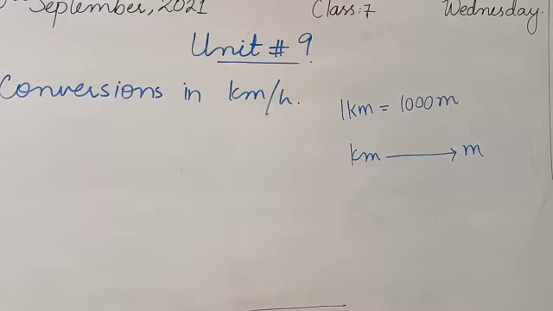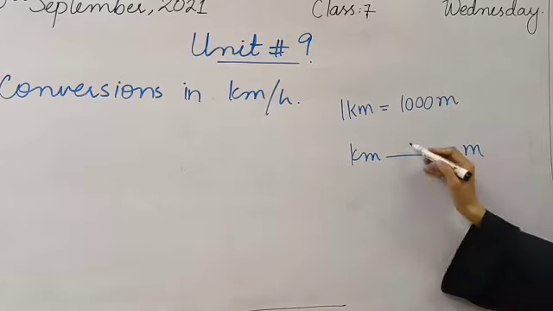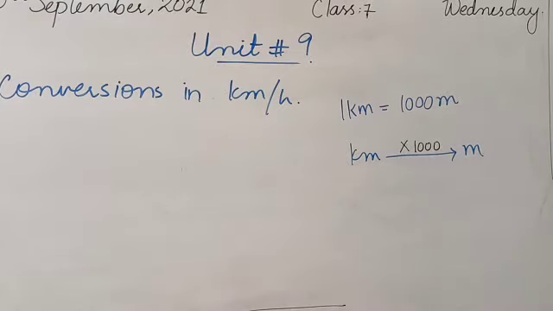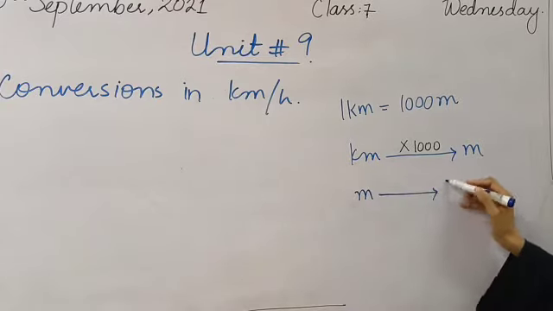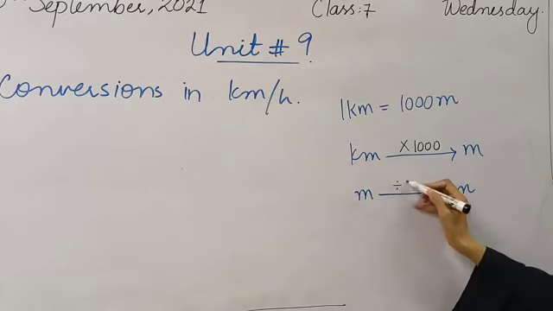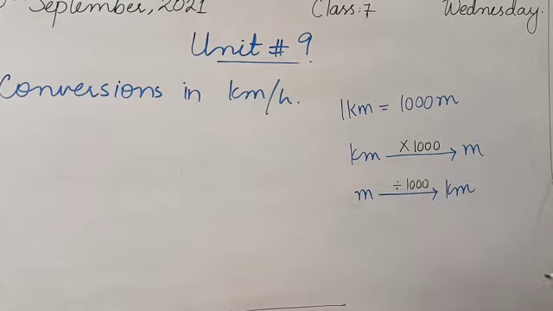The conversion factor is 1000, so we'll simply multiply by 1000. And to go back from meter to kilometer, we'll divide the given meters by 1000, so we'll get the answer in kilometer. Okay?